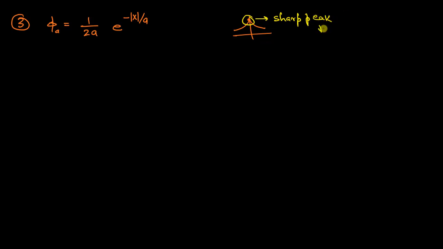This kind of function will come up when you solve the potential V equals minus delta x in quantum mechanics. The solution of the Schrodinger equation with this delta function will have a wave function with a sharp peak like this.